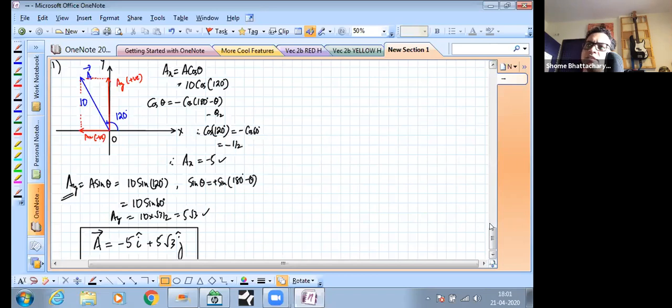Yes, half can be written as 0.5, or that component just becomes 10 into minus half, so it becomes minus 5. That's the idea. You substitute cos theta as minus half in the above equation. So A cos theta becomes 10 into minus half. So that's how it's becoming minus 5. Don't forget, in the component there's 10 also. It's not just cos theta, it is A cos theta.